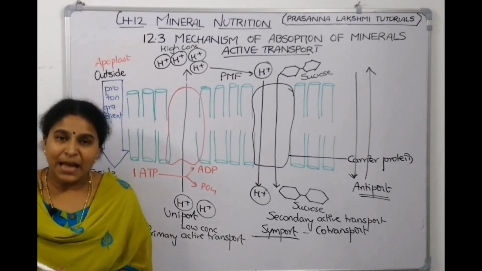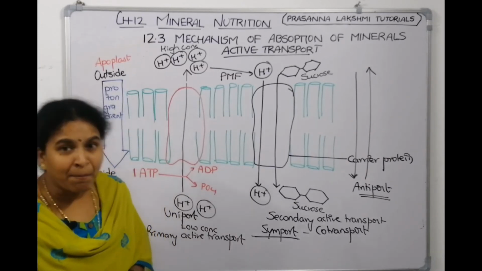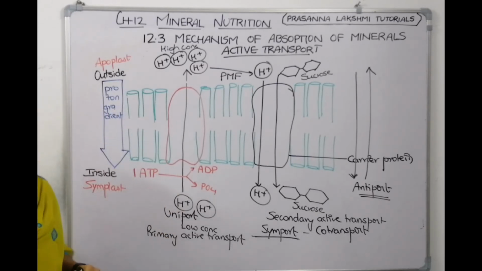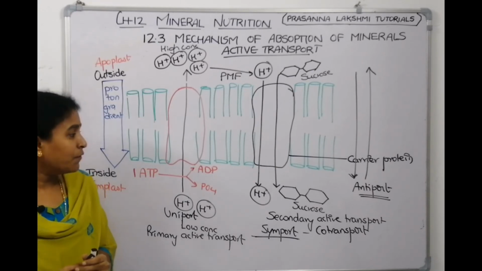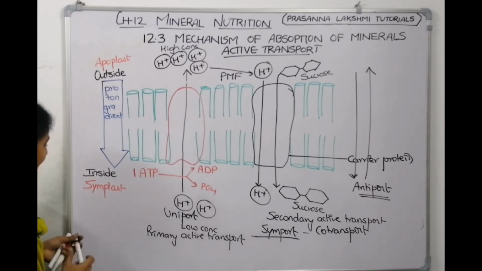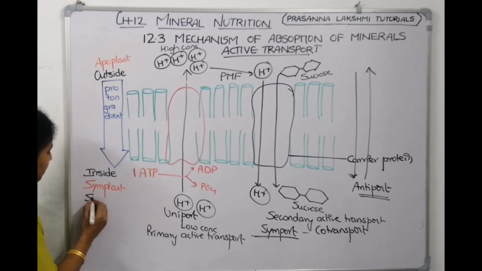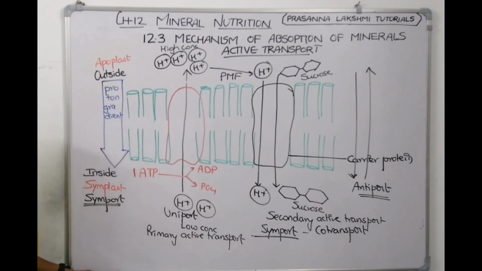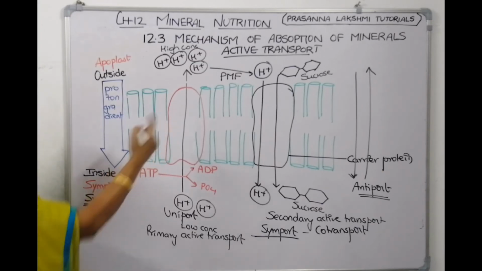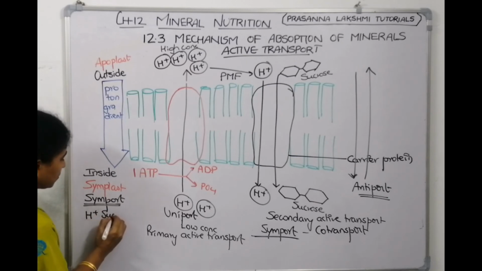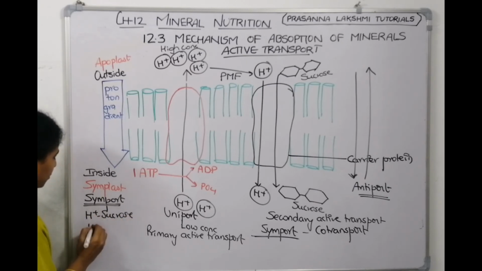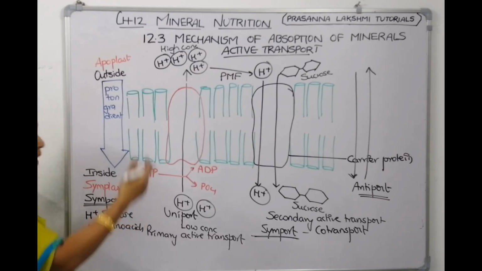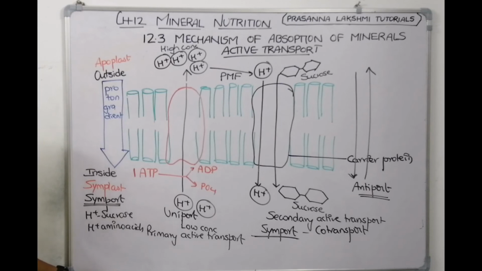Children, I think you understood the active transport mechanism, what pumps are, how ATP is hydrolyzed, and how the proton gradient builds up. Now let us give examples for symport and antiport. The example we just saw, H plus with sucrose, is symport. In the same manner, H plus with amino acids, like sugar, is also symport.